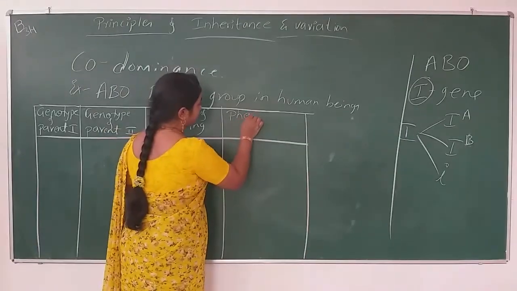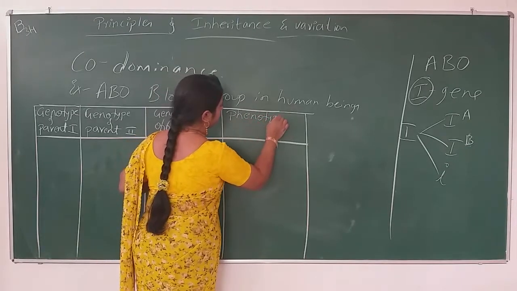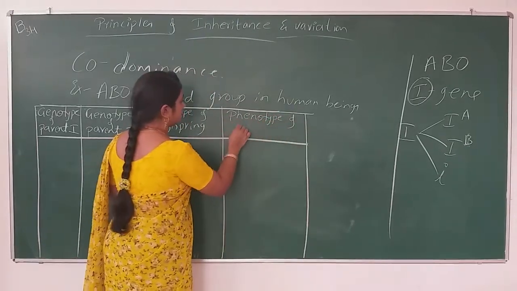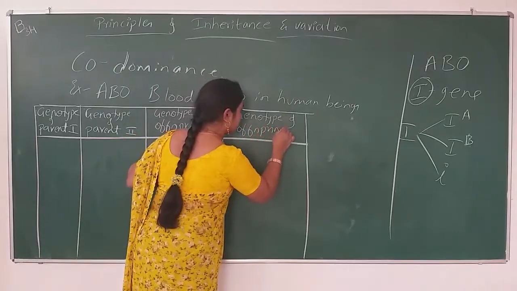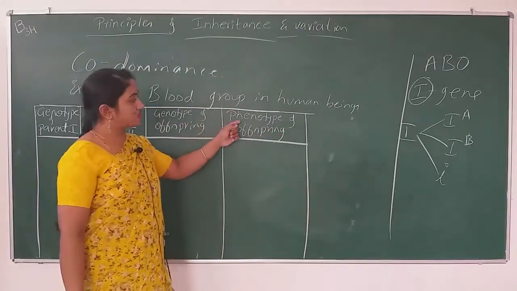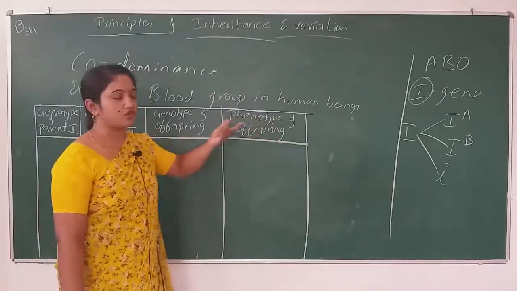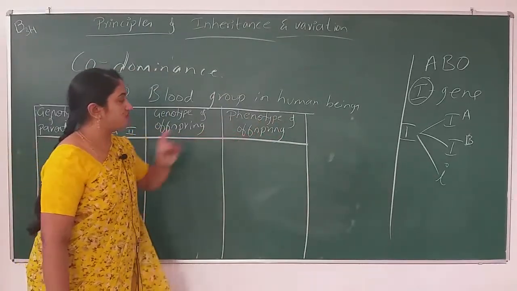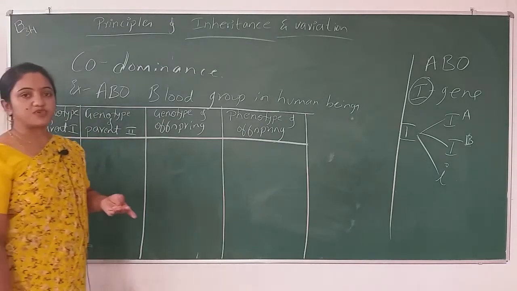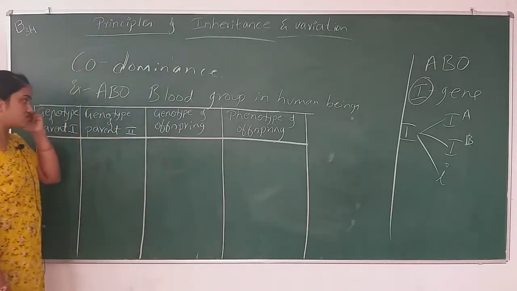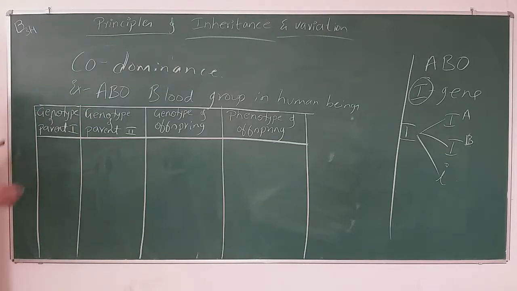In the fourth, the phenotype of offspring. It can also be written as blood group of human being or blood group of offspring. Phenotype itself indicates the physical appearance.